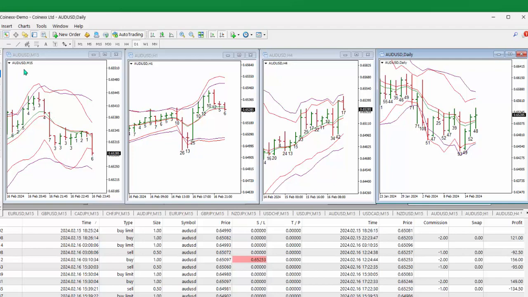So if we're looking at this 15-minute chart on AUD/USD, we know that the price is just as comfortable trading right up here, right under the high lines, as it is trading right down here at the low lines, okay? And that same situation is valid for every different time frame.